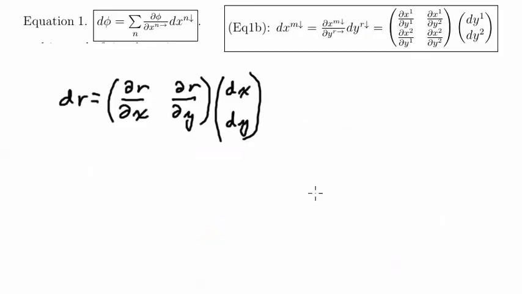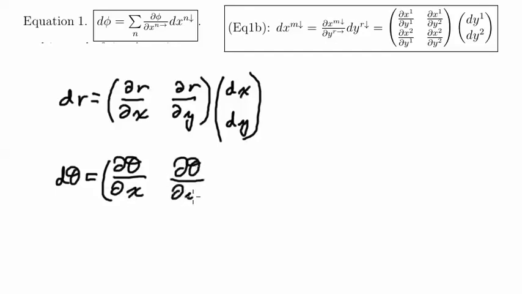Okay, so one more time I'm going to go through equation 1, d phi. I just replace that phi with r, which is del r del x, del r del y, times the differential path element dx dy. Can do the same thing with d theta, which would be del theta del x, del theta del y, and our differential path element dx dy.